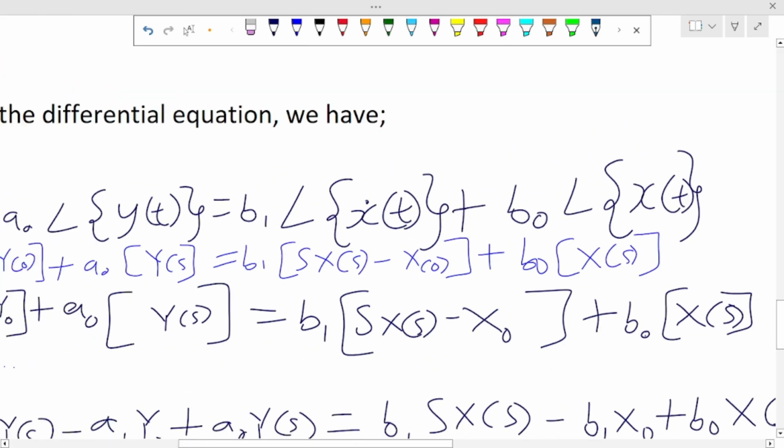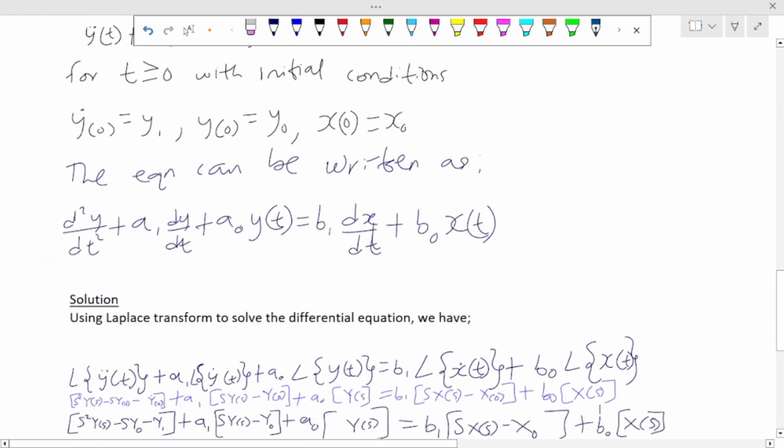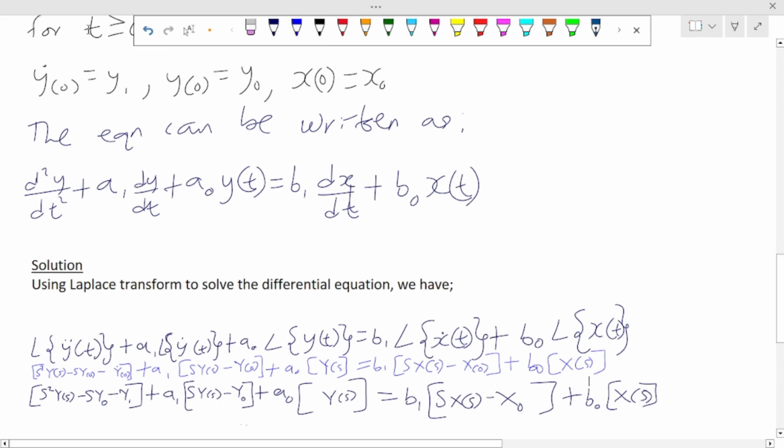Good. So now we can see that we finally have these terms. Y dot of 0, we have it here. So everywhere you see y dot of 0, you put y1. Any other y dot of 0? No. Anywhere you see y of 0, put y0.